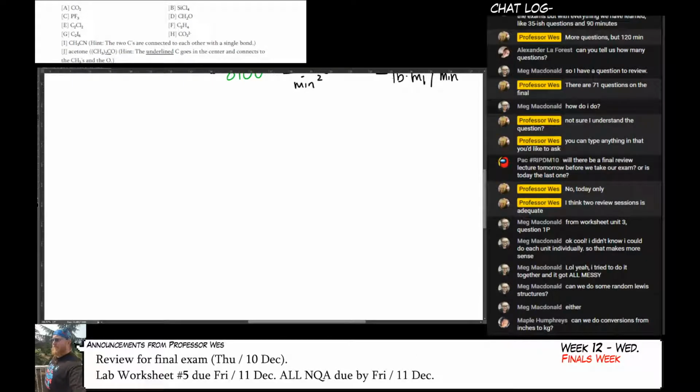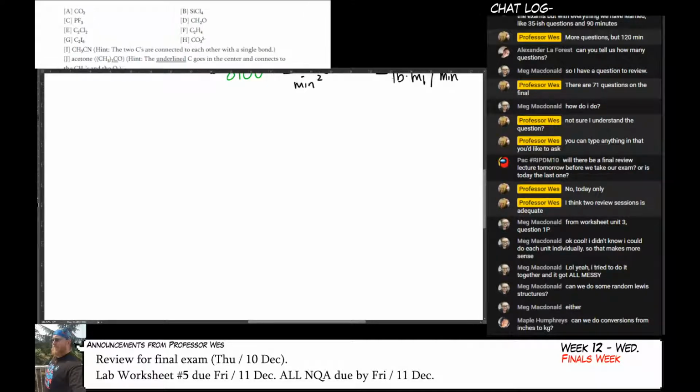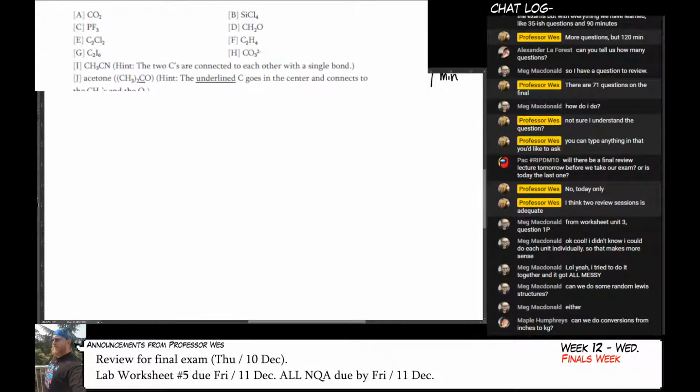Let's see here. That will probably work. I just gotta make this bigger so I can read it. Alright, so whenever we do Lewis structures, you gotta remember the 5-step plan, right? What was the 5-step plan?